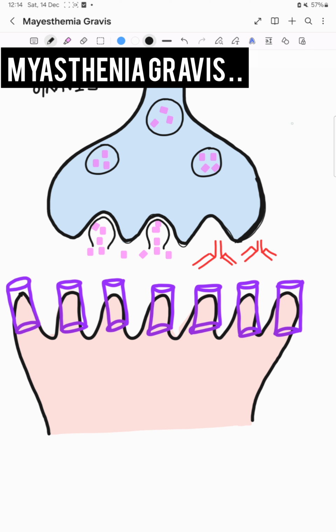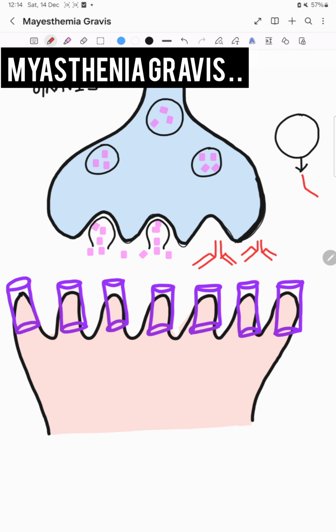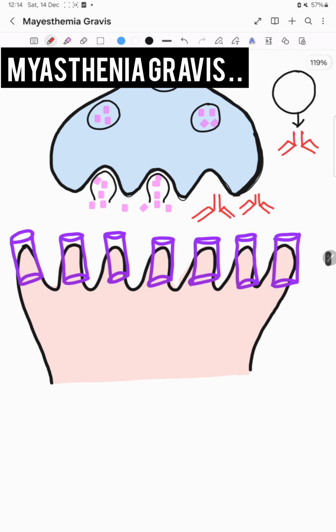Our body's immune cells produce some autoantibodies, and these autoantibodies are basically IgG types. Now what happens? These autoantibodies mimic the expression of acetylcholine, and they bind with acetylcholine receptors.